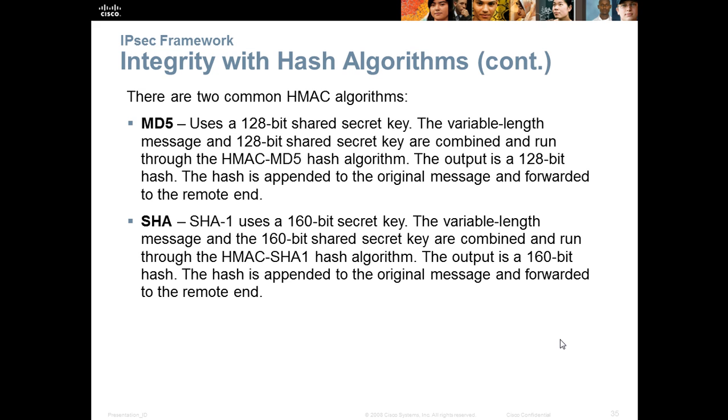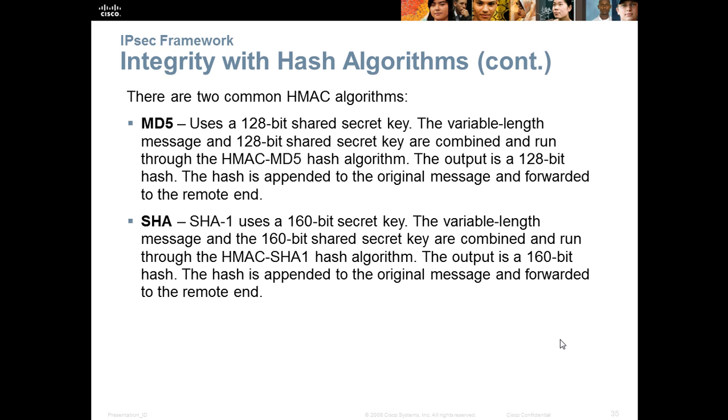There are two common HMAC algorithms. MD5 is one of them, which uses a 128-bit shared secret key. The variable-length message and 128-bit shared secret key are combined and run through the HMAC-MD5 hash algorithm. The output is a 128-bit hash. The hash is appended to the original message and forwarded to the remote end.